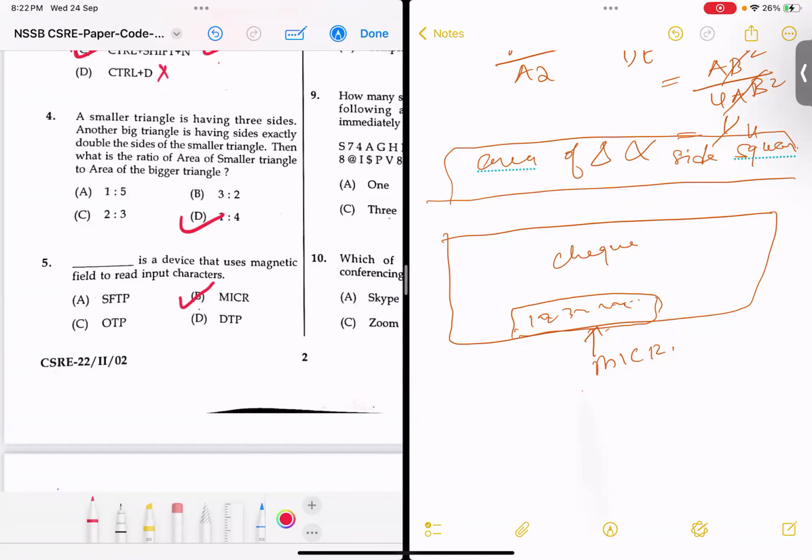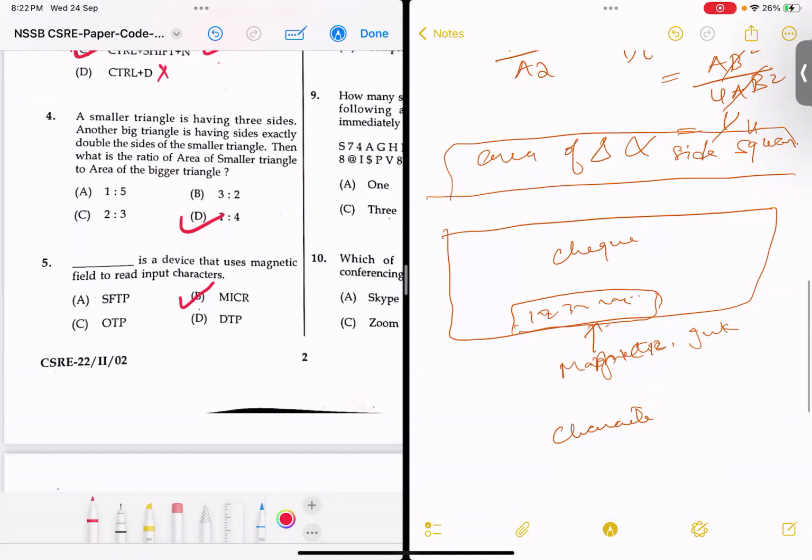So MICR is nothing but magnetic ink character recognition. This device will identify this magnetic ink character, and they use what is known as the magnetic field.